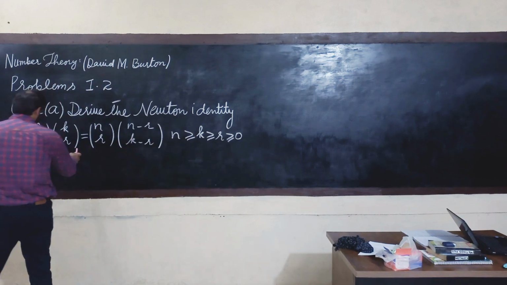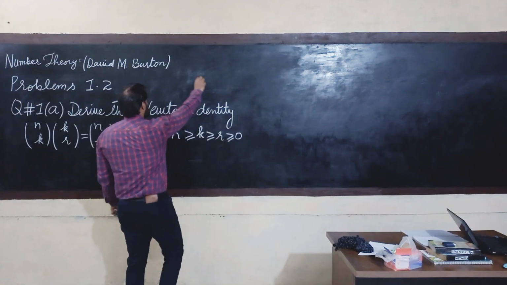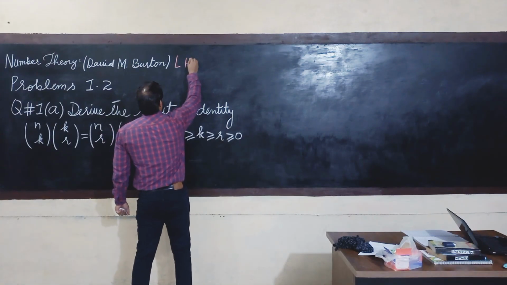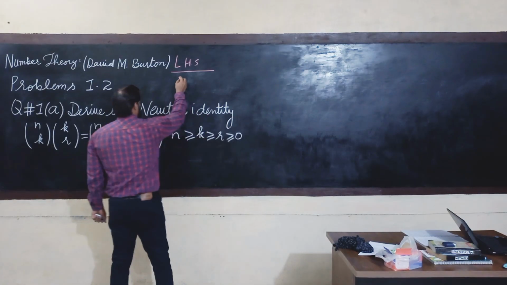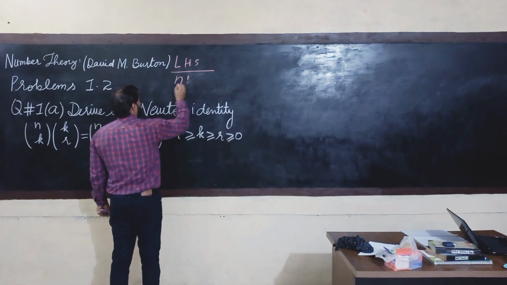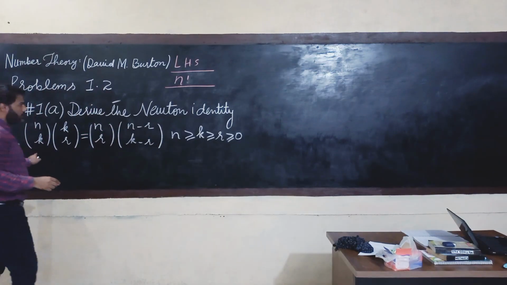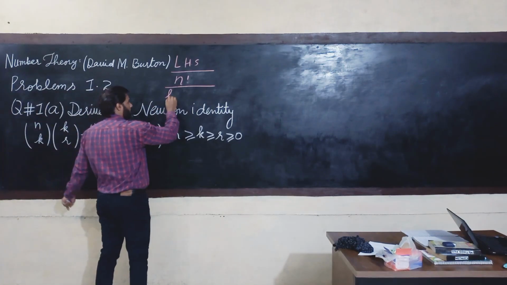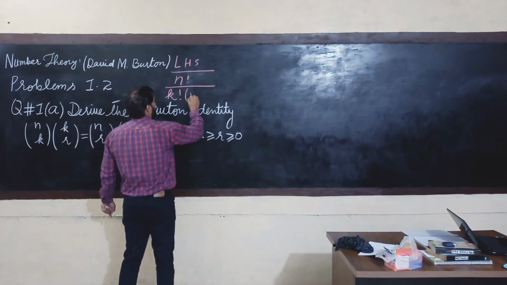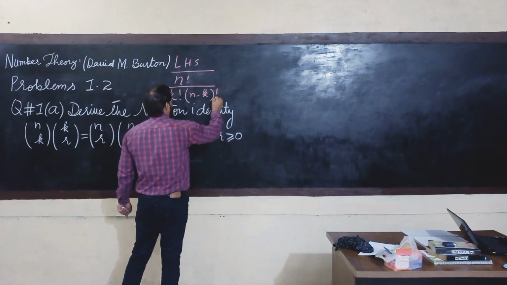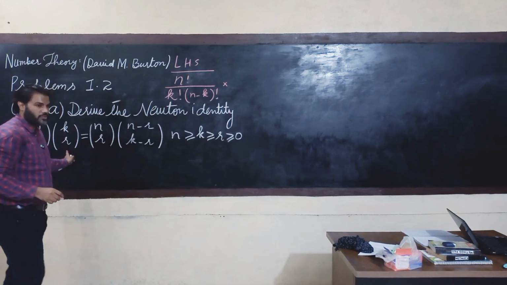So if we solve the left hand side, this is given by the first number n choose k, which is n factorial over k factorial into n minus k factorial, into the second number, that is k choose r.